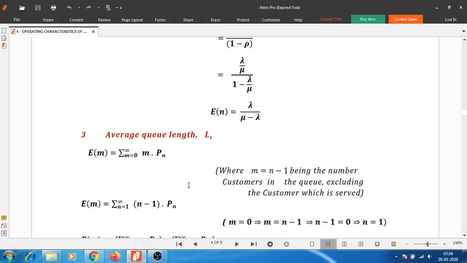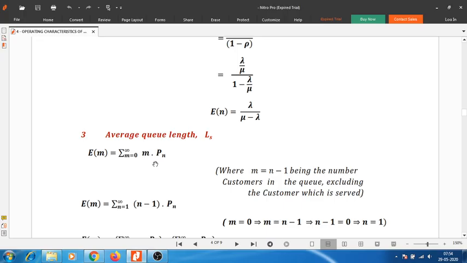By using the mathematical expectation definition, expectation of m is equal to summation over the range of m of m into P of X. P of X stands for the steady state solution of the system, that is equal to n. You remember the fact this m is nothing but n minus 1. Why?